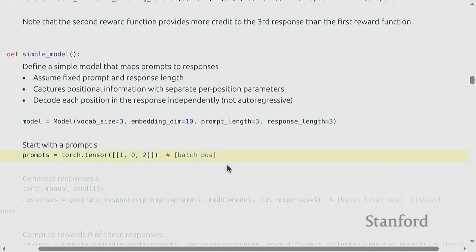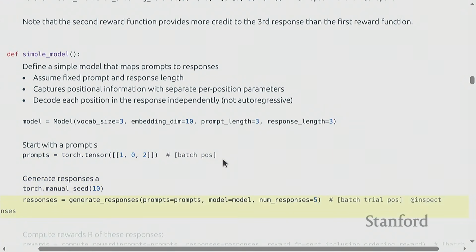I start with a prompt. I'm going to use this notation to denote the dimensions of the tensor here. There's a batch dimension, which is the number of examples or prompts, and then a position dimension, which is the position I'm in. So I'm going to generate responses. This is inference.